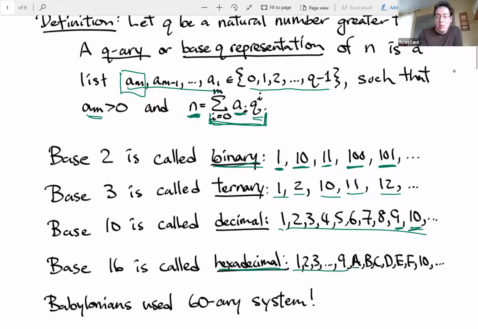So you might substitute letters, A through F. So A means 10, B means 11, C is 12, and then 13 and 14 and 15 is F. And then after that, you wrap around to 1, 0. And that's 1, 0 is 16 in hexadecimal. I hope this makes sense.